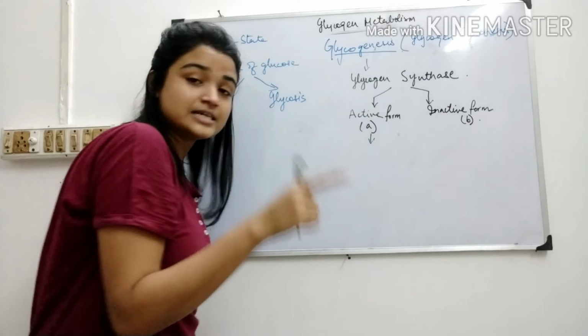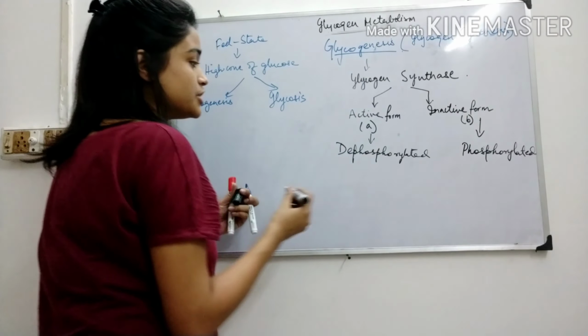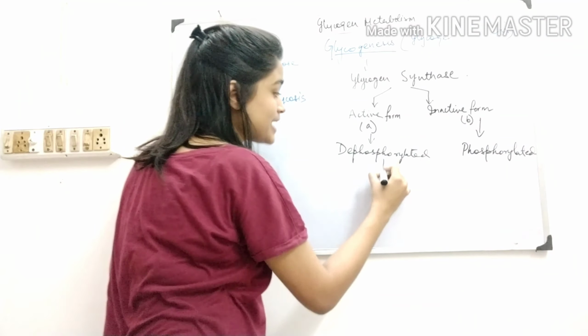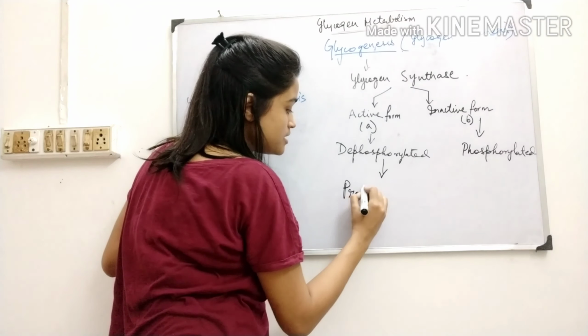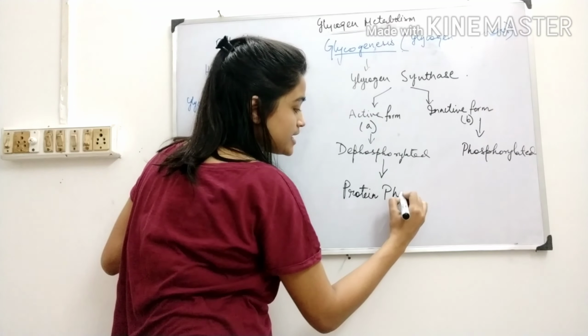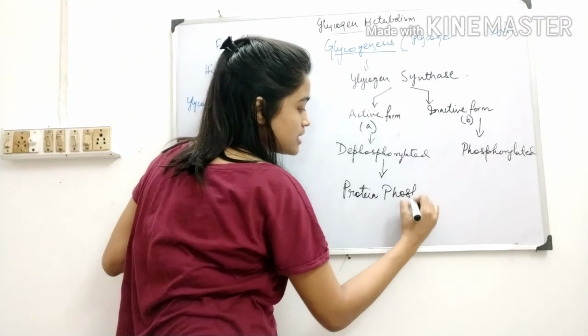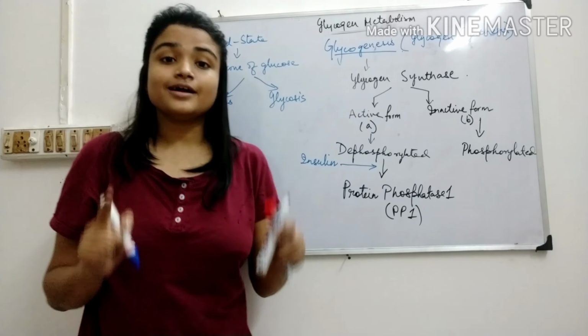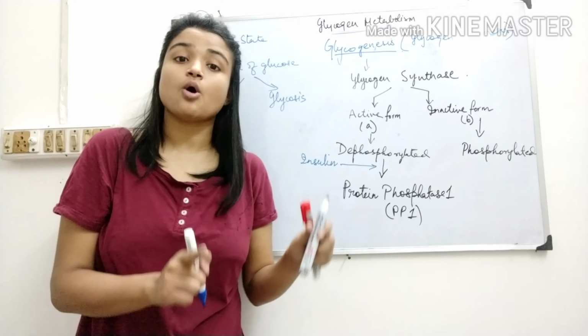Okay? Now, this dephosphorylation will occur by the enzyme protein phosphatase 1, which is also called PP1, and this activation or increased level of activity is enhanced by insulin, because we know when blood glucose level is high, insulin level is also high.